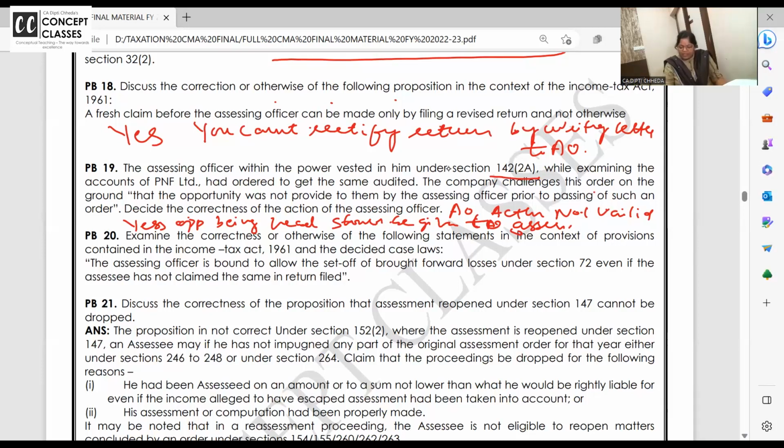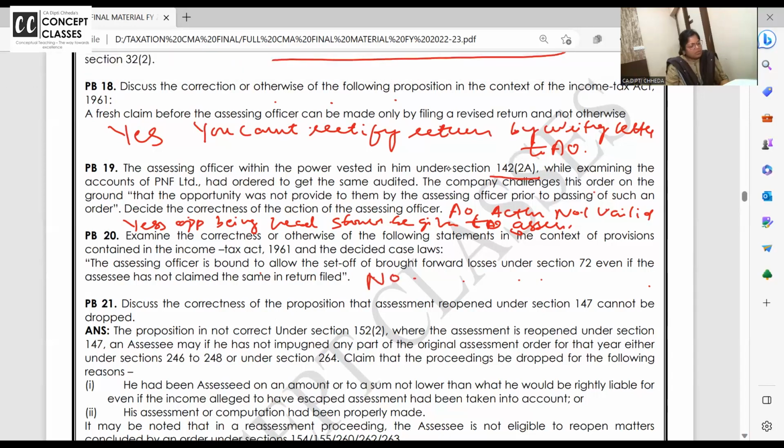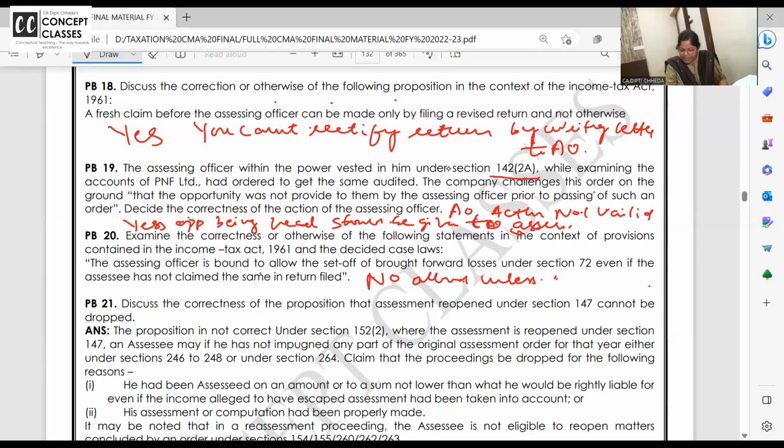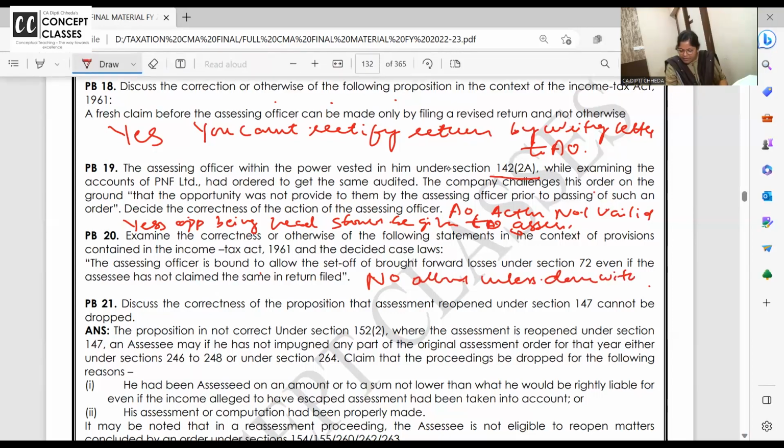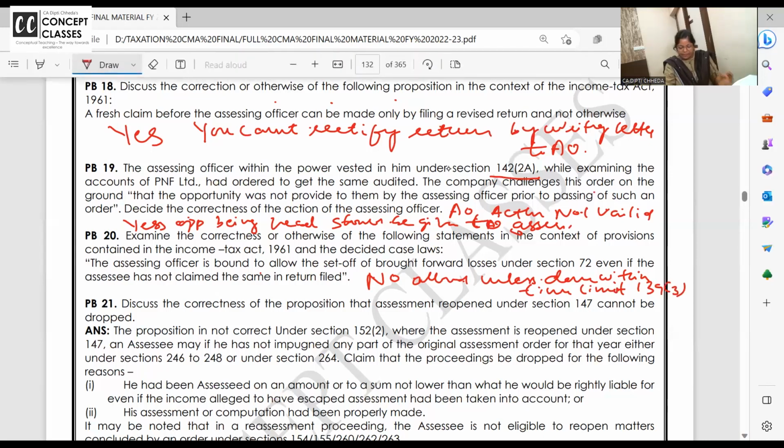Examine the correctness or otherwise of the following statement. Assessing officer is bound to allow the set off of brought forward loss even if SSA has not claimed the same in return. Answer is no, not allowed. Unless done within the time limit given in section 139(3).